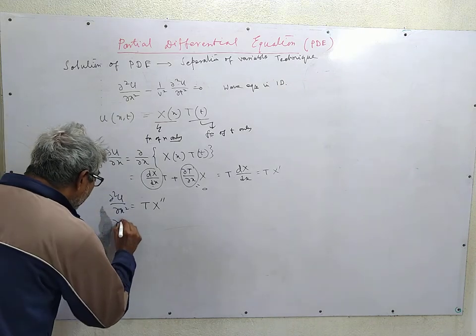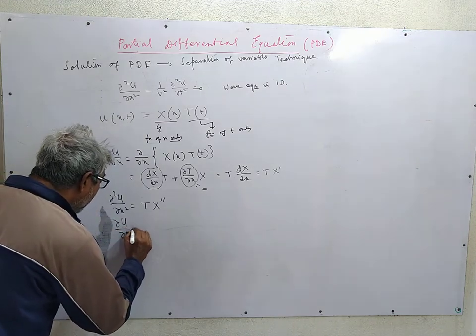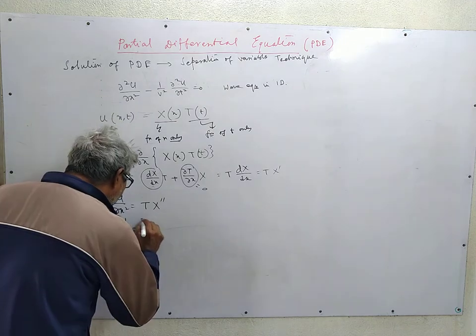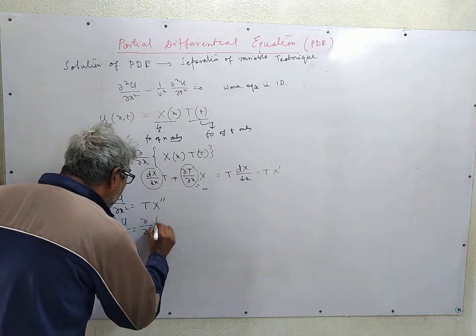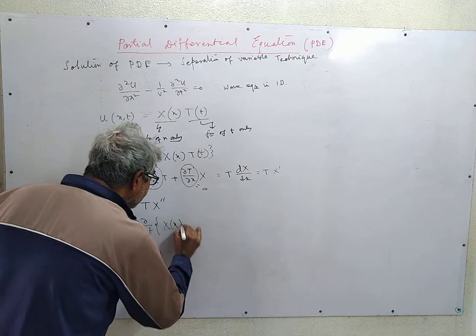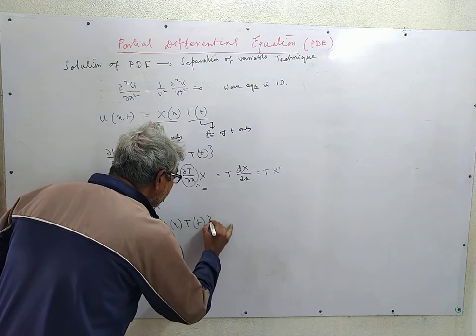Similarly, del u del t will lead to del del t of X of x times T of t.